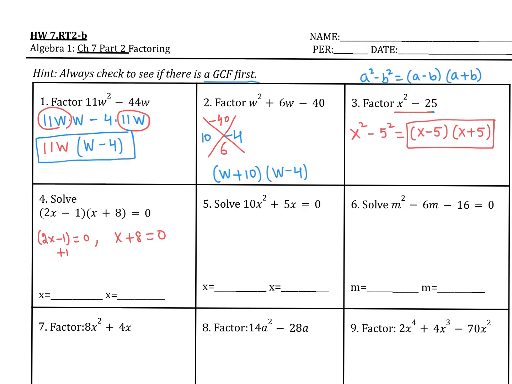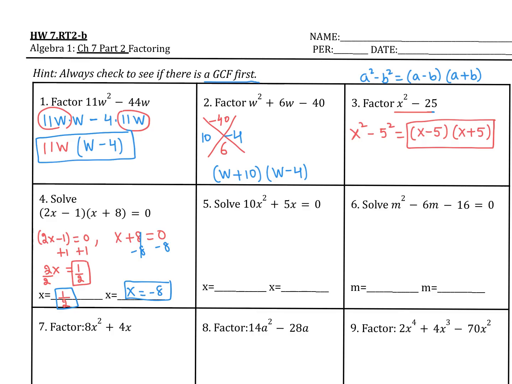For the first, you add 1 on both sides and then divide by 2. So you get 1 over 2 for the first x value, and for the other x value you subtract 8 on both sides. So x equals negative 8. x equals 1 over 2 and x equals negative 8.